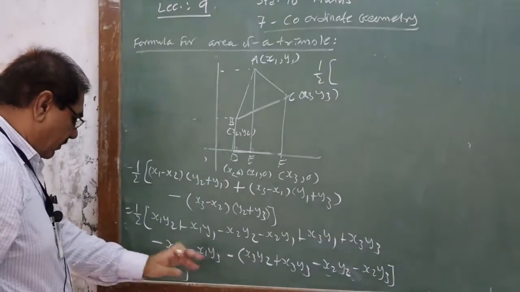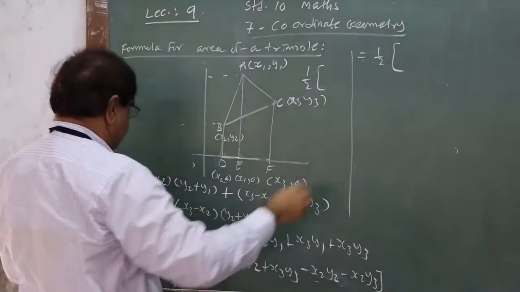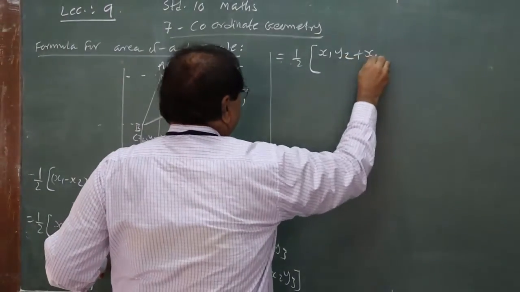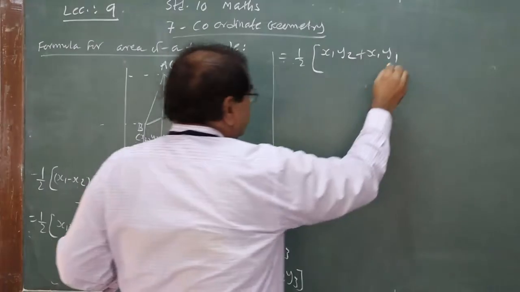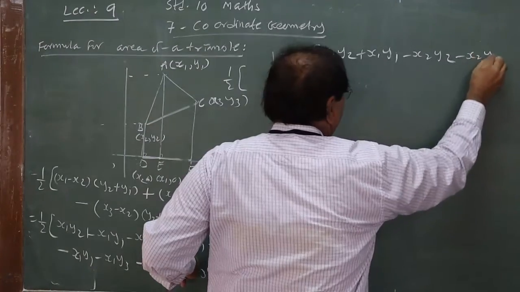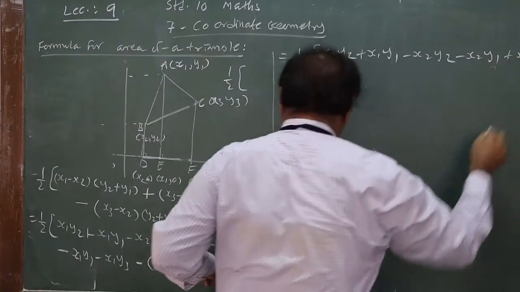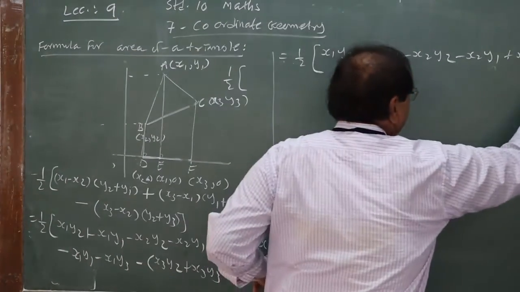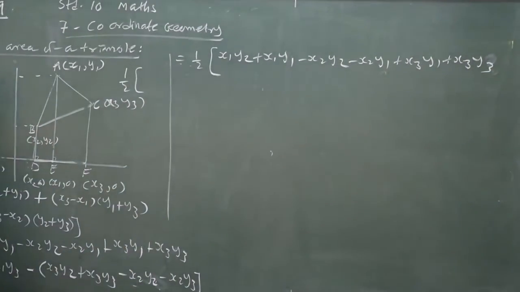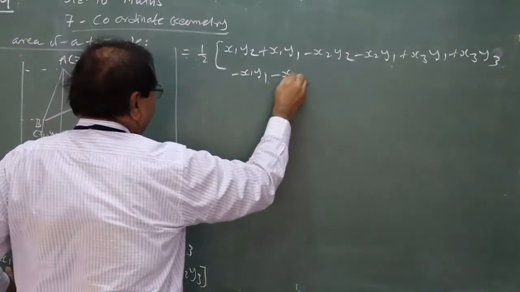Okay, so now we open up the bracket. It is equal to 1/2 into bracket: x1 y2 plus x1 y1 minus x2 y2 minus x2 y1 plus x3 y1 plus x3 y3 minus x1 y1 minus x1 y3.